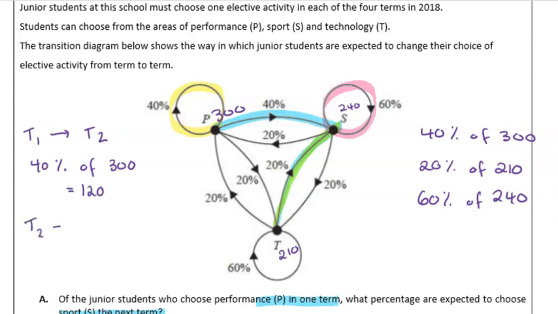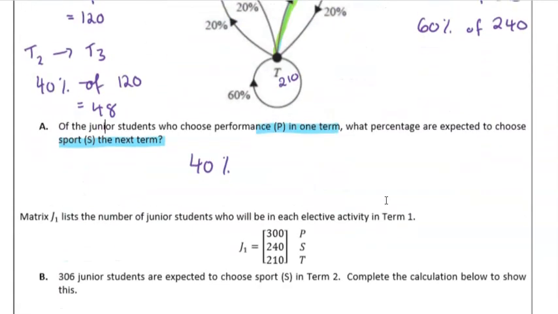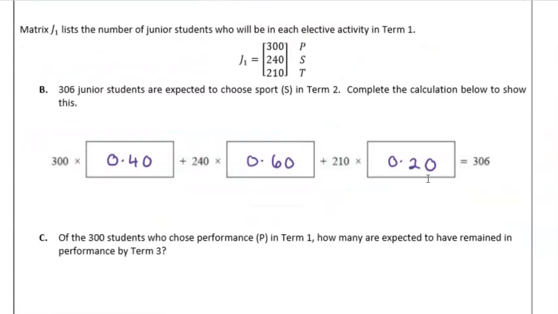Then from term 2 to term 3, again 40% will remain, and there were 120 who originally remained from that first 300 students. So 0.4 times 120 gives us 48 students remaining. If we were to write that as one calculation, we could do 0.4 times 0.4 times 300, which gives us 48 students remaining.